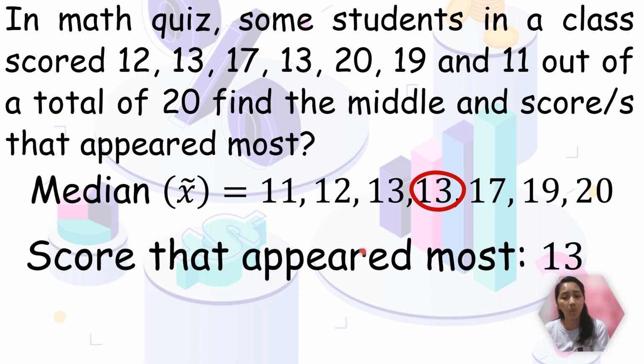Kasi pag sinabing most, higit. Ngayon, dun sa sinabi kanina na 211, 212, pare-parehas yung bilang niya. Kaya, there is no such score that appeared most. But in this case, since 13 lang yung merong dalawang beses na lumabas in a given set of data, 13 yung score that appeared most natin.